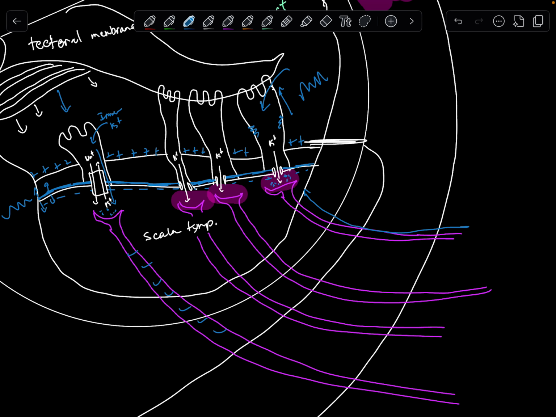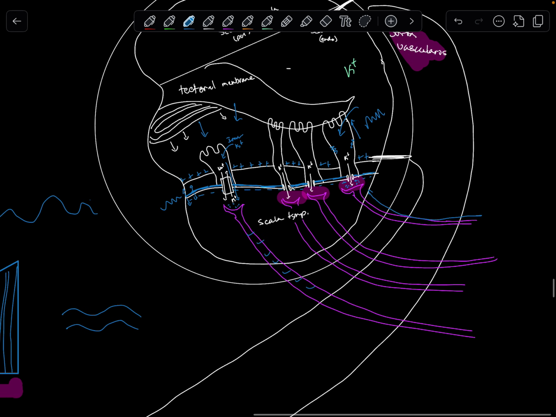And in that case, if they're not moving as much, there's not much resonance, right? And so this tectoral membrane isn't going to reach that inner hair cell, which will then mean less action potential from the inner hair cell going to the brain.